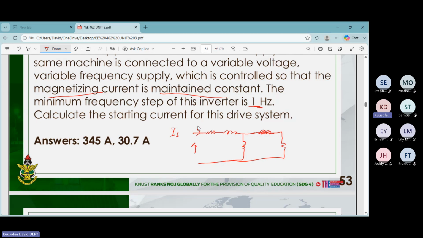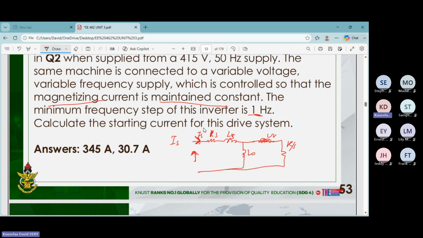This is the current that we want, IS. This is RS, LS, and then this is L naught. So this is what we have, and we can calculate this IS.